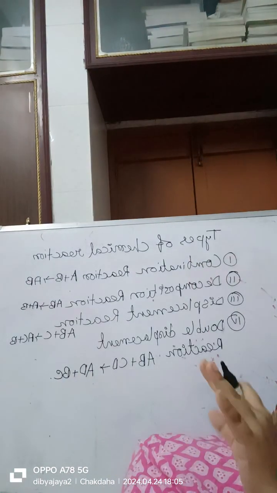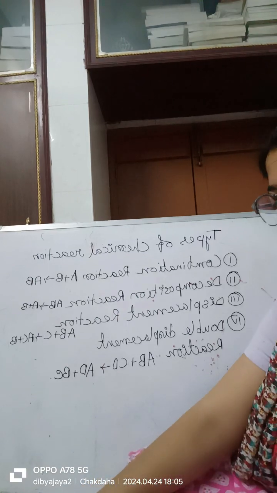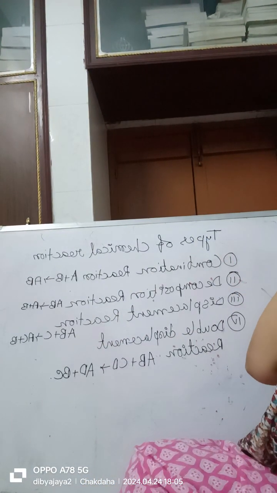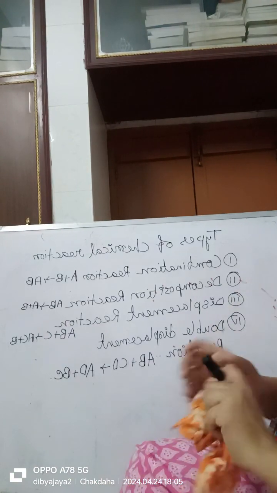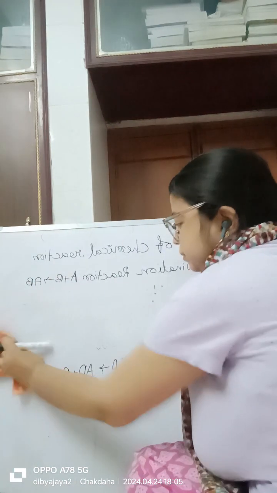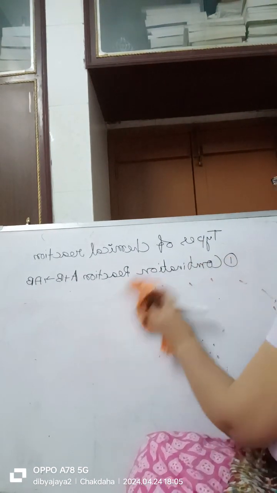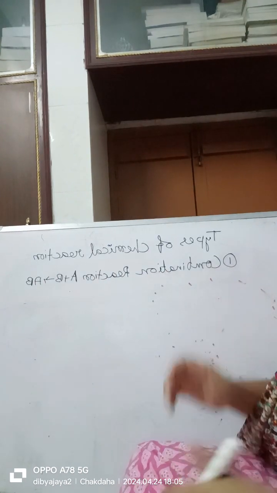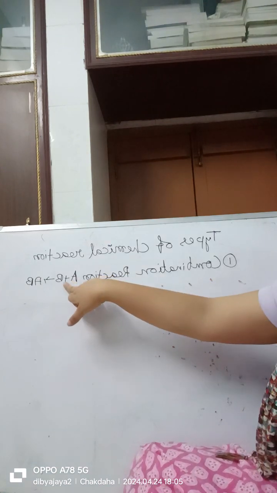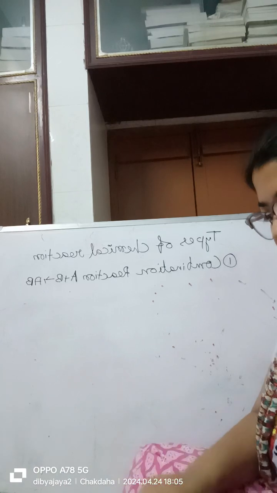Already we know this. Now we will discuss some examples of combination reaction. In a combination reaction, two reactants are there and the product will be the joining of these two reactants.